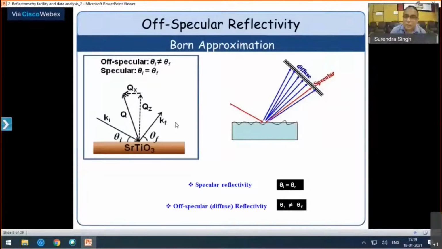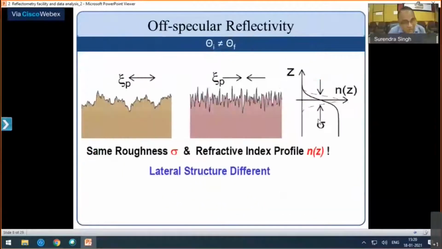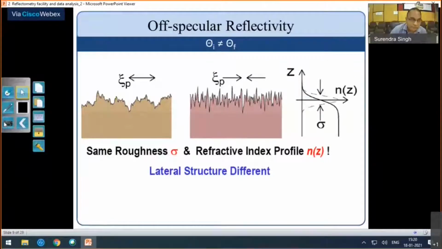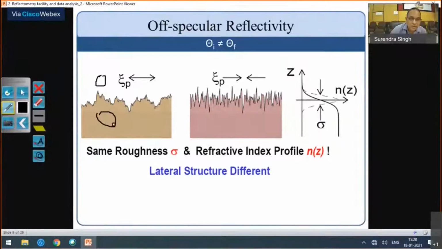And as I said, if you use a position sensitive detector or a detector which is not a point detector. So here you see two figures I'm showing, which are nothing but the interface. It is showing interface like medium 1 and medium 2.